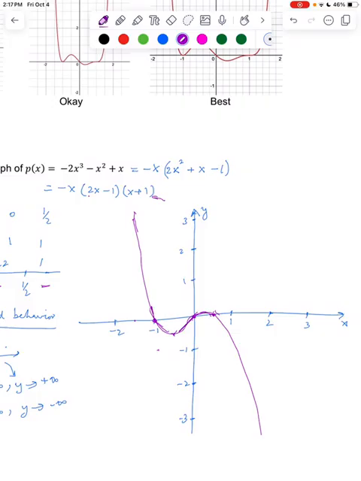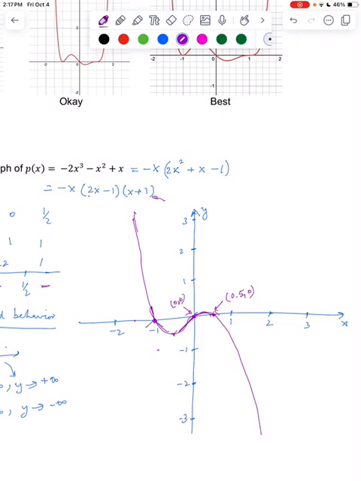So our intercepts are, so this is 0.5, 0, this one is 0, this one is -1, 0.